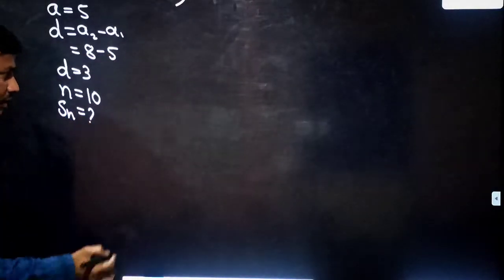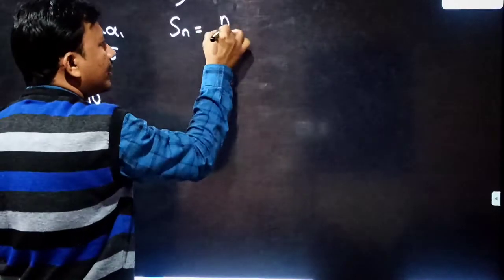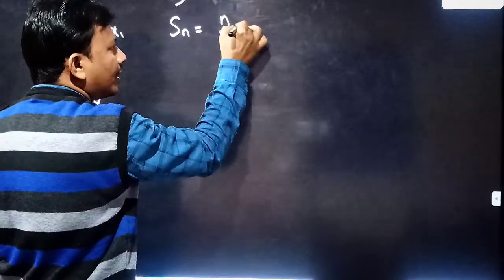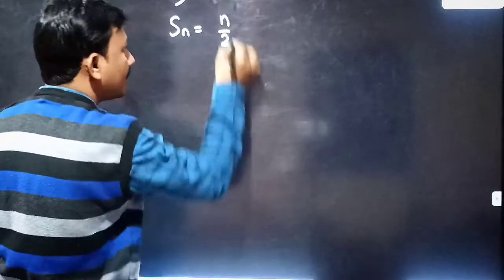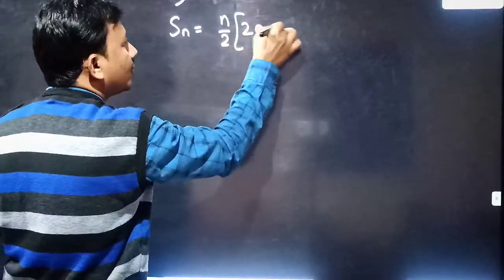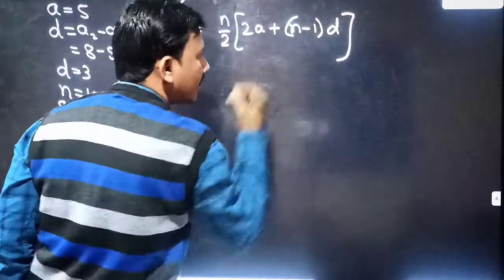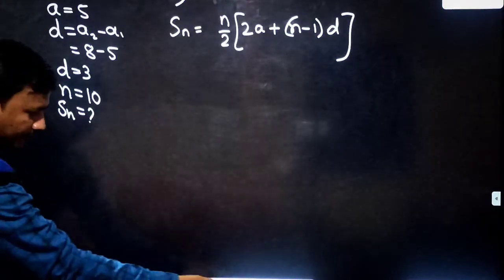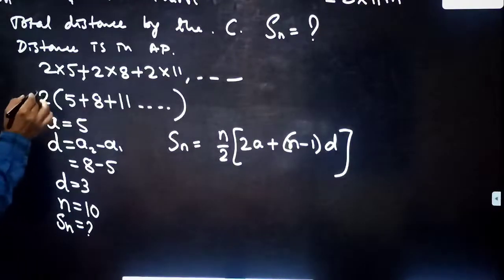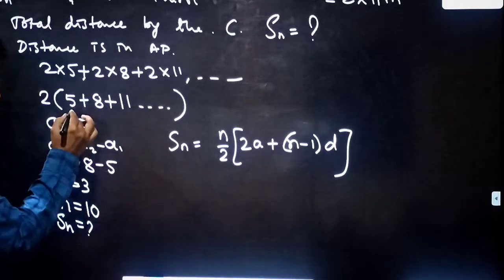Next, Sn is equal to n by 2 in bracket 2a plus n minus 1 into d. N ಎಲ್ಲದಪ್ಪ ಇಲ್ಲಿ. Sn ಇಲ್ಲಿ ಏನು ಮಾಡಬೇಕು? 2 is common there.